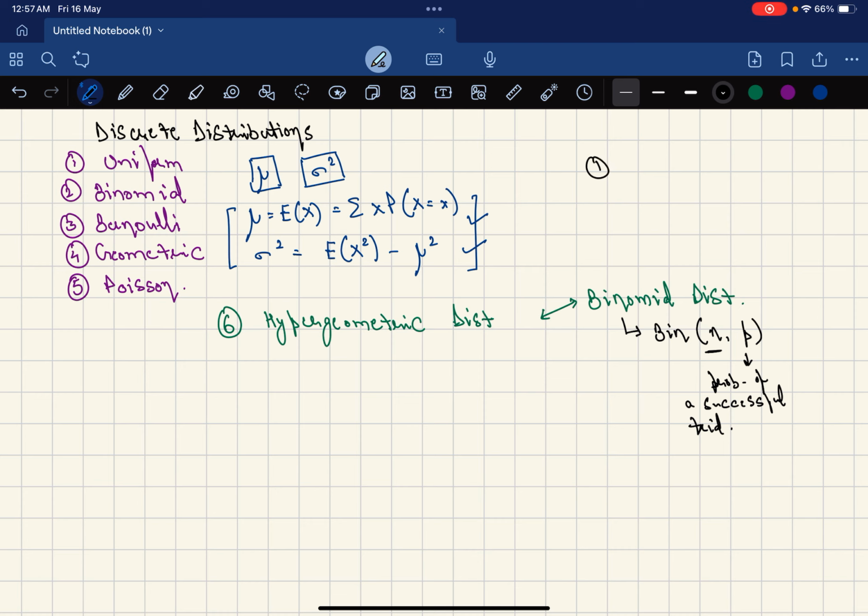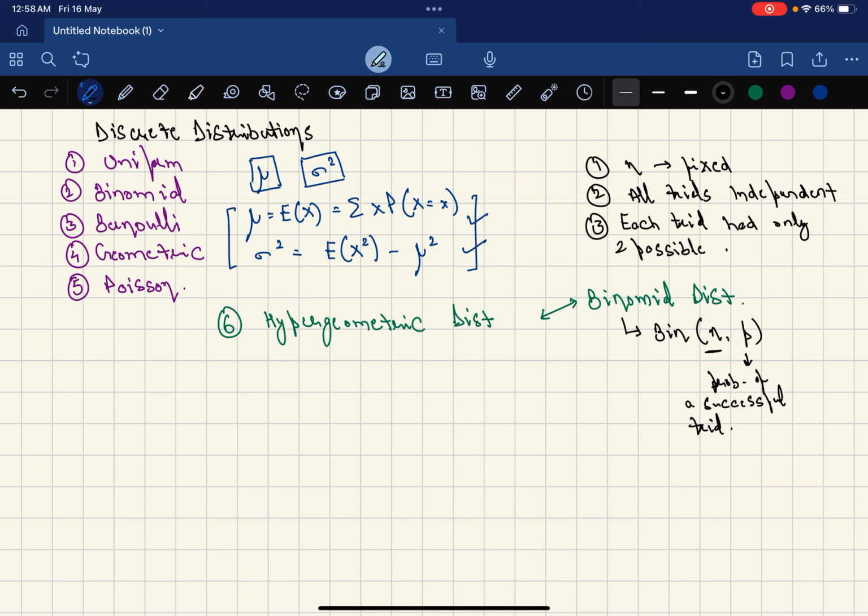The 4 assumptions were: the sample size should be fixed, so the value of n should be a constant here. Then all trials should be independent. So basically what this means is the outcome of one trial, whether it is successful or not, should be independent of the outcome of any other trial. Third, each trial has only 2 possible outcomes.